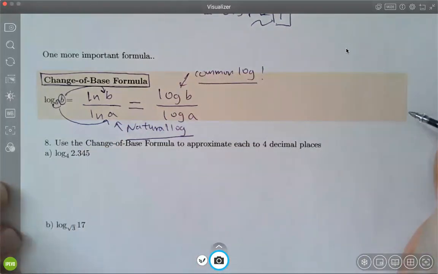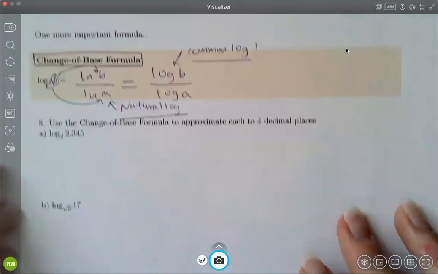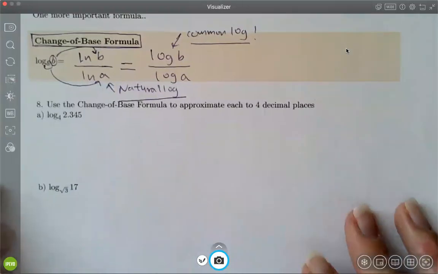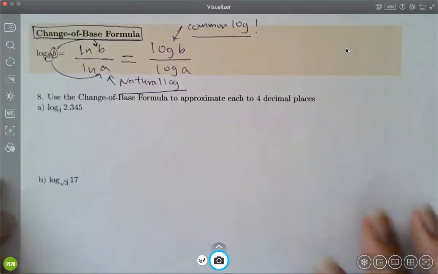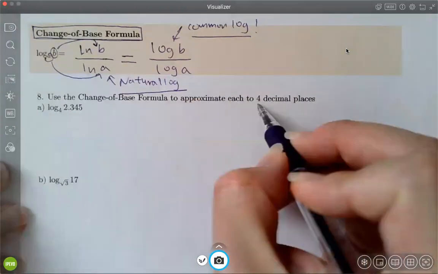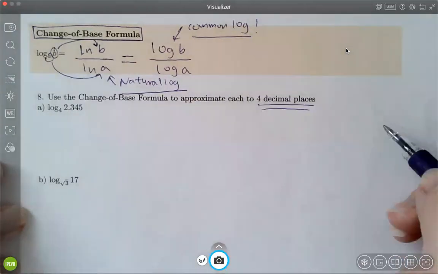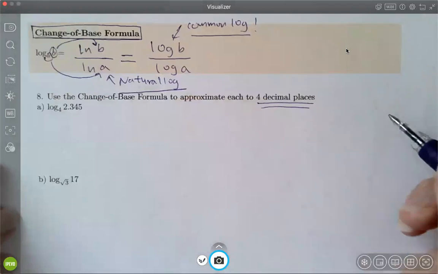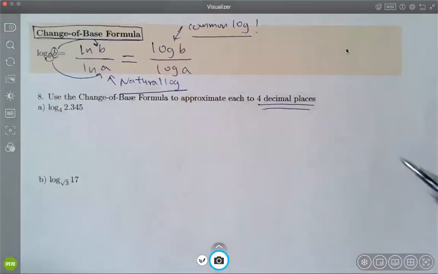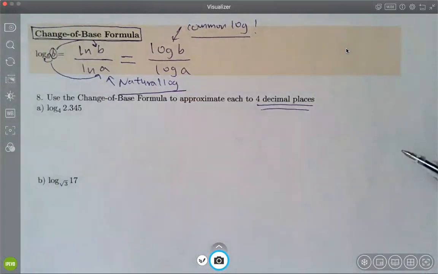Okay, so let's look at these final two problems. Use the change of base formula to approximate each up to 4 decimal places. So be careful with these instructions, not only on the homework, but also on the exam. Your homework may say, round your decimal up to maybe 2 decimal places, or 3, or maybe 4. So be careful with these extra instructions.